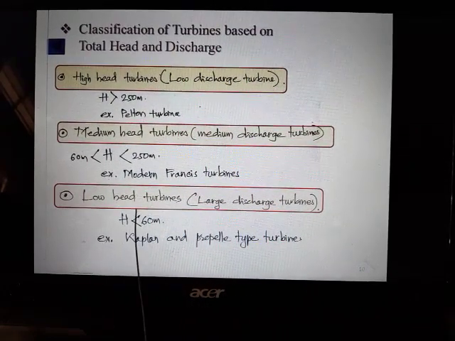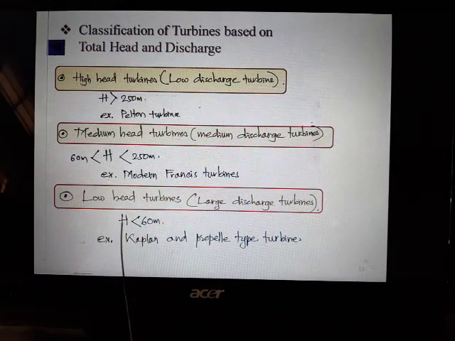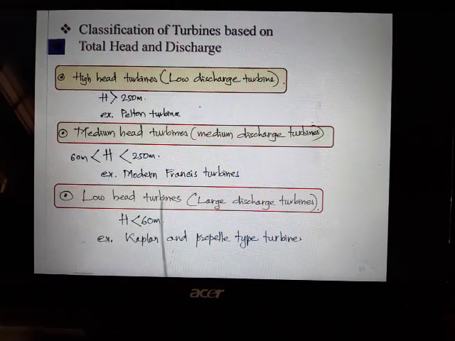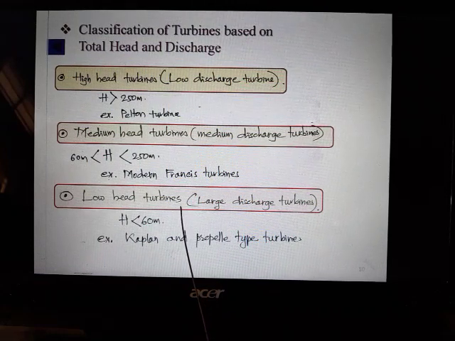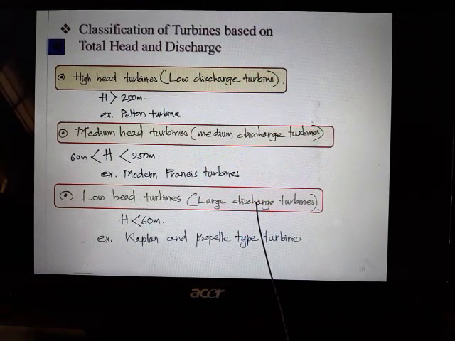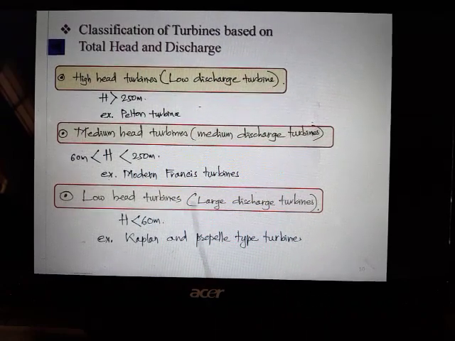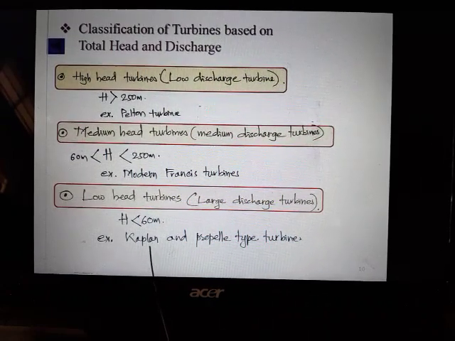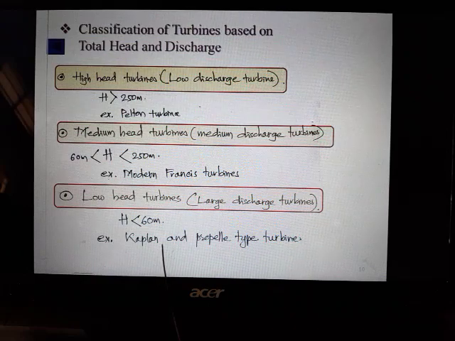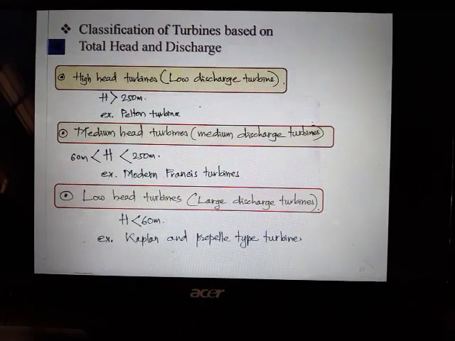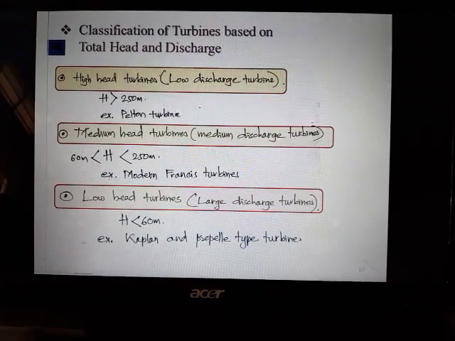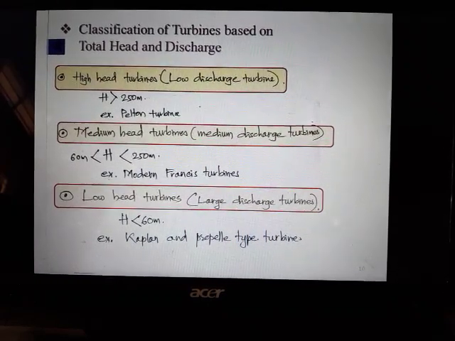Then last, if the head is less than 60 meters, then it is a low head turbine. Obviously when the head is less, you need a lot of discharge, so it is also a large discharge turbine. The typical examples of this are Kaplan turbine and propeller type turbine. So this is the classification depending upon head and discharge.